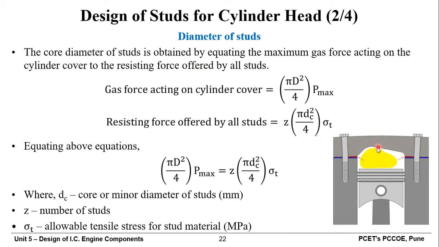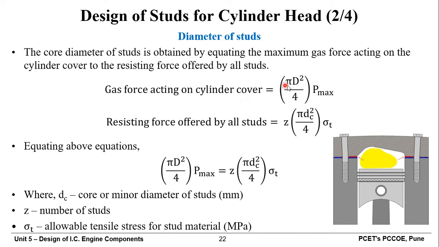So the force exerted by the gas is in upward direction, and the resisting force developed in the stud is in downward direction. So to have equilibrium state, we need to equate these two.